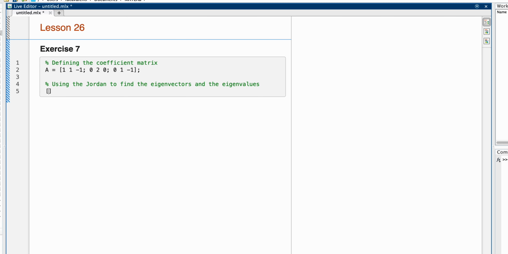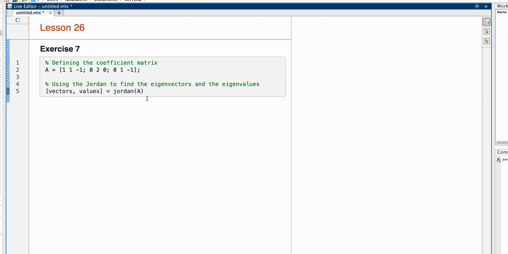So I would call the first output vectors, and the second is going to be the values. So I put square brackets because this output is also a matrix, since it's outputting more than one thing. And now on this side, I'm just going to write Jordan, and I'm going to apply the Jordan to A. Now I'm not going to put a semicolon because I want it to output the result.